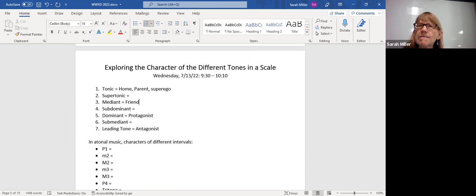I haven't totally settled on a character for this. Possibly, it could be an alter ego. It could be the better self, right? Or the idealized self. I don't know.